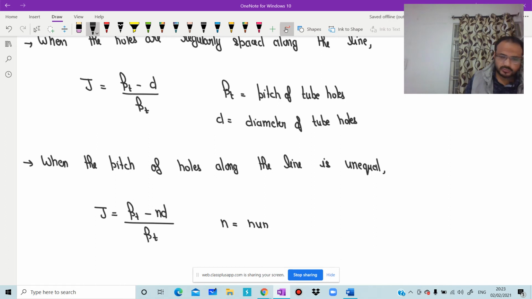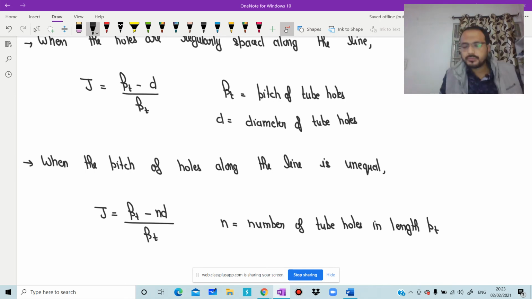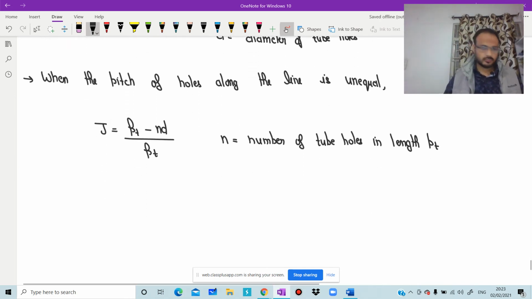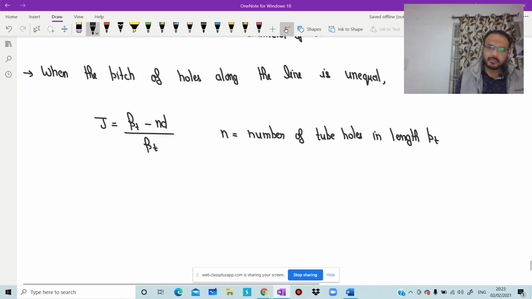N is the number of tube holes in length PT. D is the diameter of tube holes.